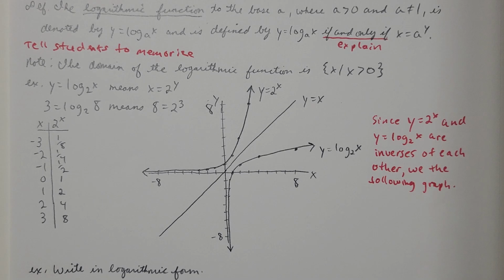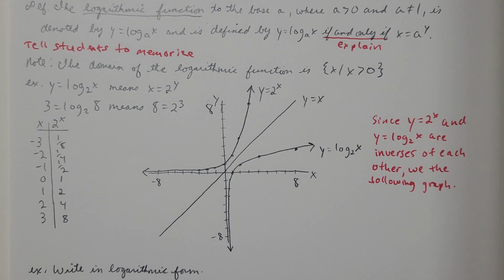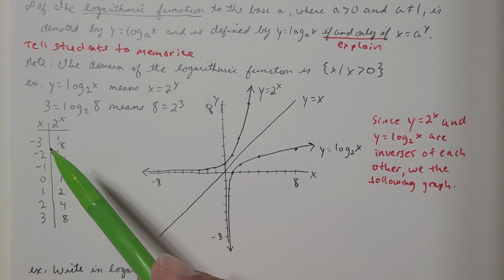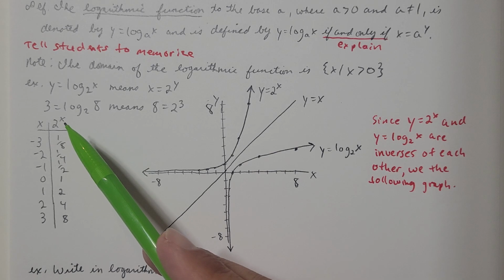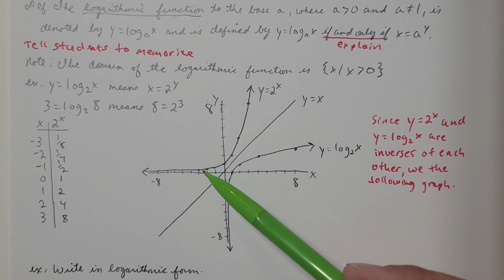So y equals 2 to the x, we've already graphed that in the last two sections, in 4.1 and 4.2. I'm just going to use the same list of numbers that I had used previously in that table. Okay? So like if I let x be negative 3, 2 to the negative third power, that's the same as 1 over 2 cubed, or 1/8. Okay, so negative 3, 1/8, that point would be on the graph there.